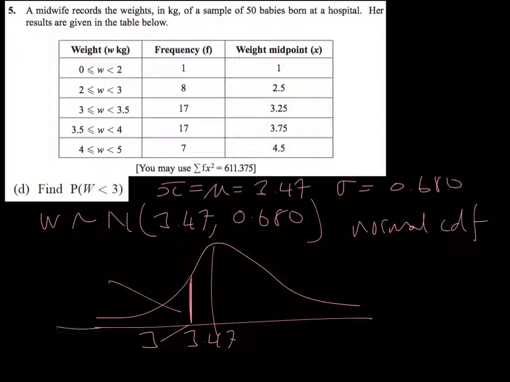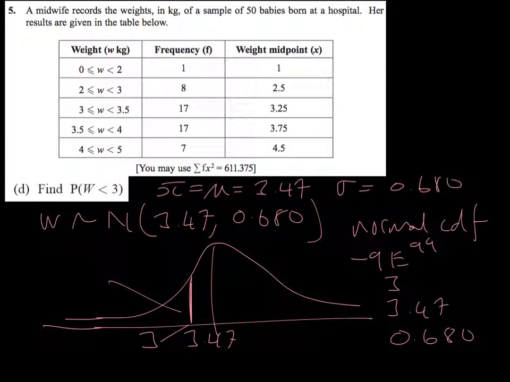Our lower boundary, remember this is an asymptote and it goes to negative infinity, so our proxy for negative infinity is just going to be negative e to the 99, something like that. The upper bound is going to be 3, the mean is 3.47, and the standard deviation is 0.680. You should find that that gives you an answer of 0.2546, or approximately 25%.